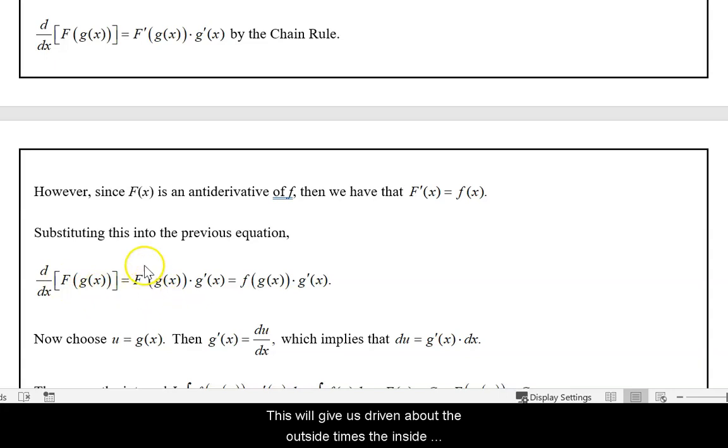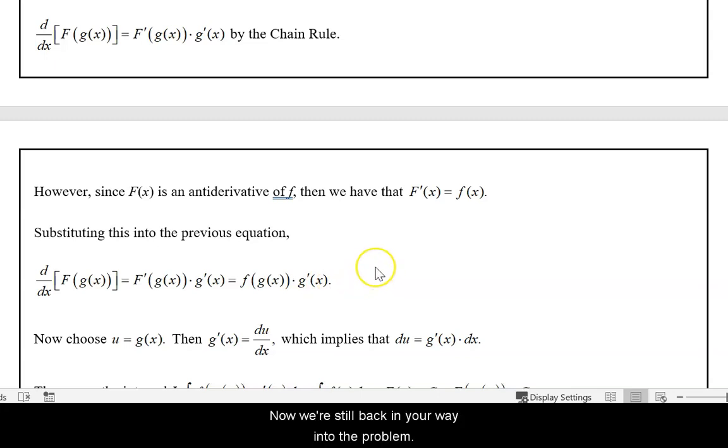This will give us the derivative of the outside, with the inside plugged in, times the derivative of the inside. Basic chain rule. Now we know that the derivative of the antiderivative is f, so we can replace that with the original lowercase function f composed with g times g prime of x.